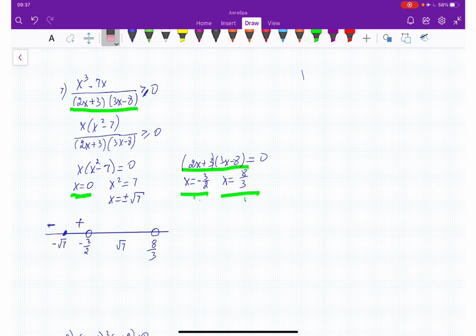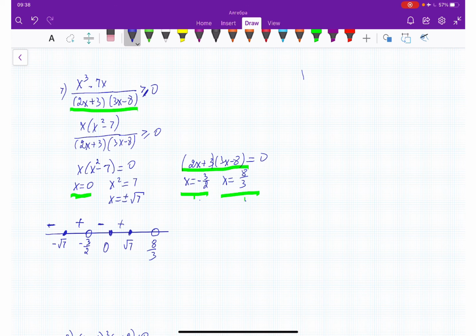Which means I will move this square root 7 here. Okay? And 0 is going to be solid also. So 0, square root 7. So here it's between negative 3 over 2 and 0, it's going to be negative. Between 0 and square root 7 is positive.